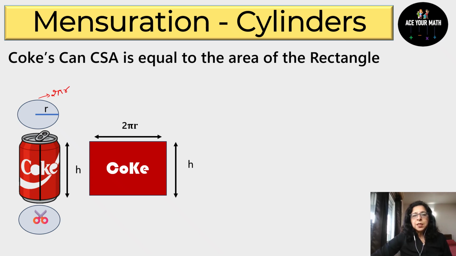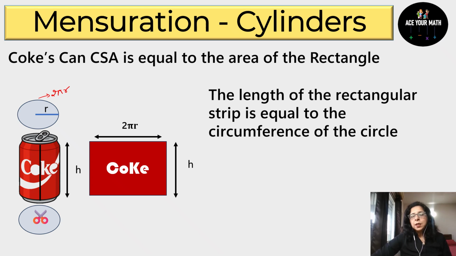And how do you calculate the area of a rectangle? Area of rectangle is length into breadth. So when you multiply 2 pi r by h, you get the area of the rectangle as 2 pi r h. And you know the curved surface area of a cylinder is also 2 pi r h. So this is how you can say that the curved surface area of a cylinder is equal to the area of the rectangle.